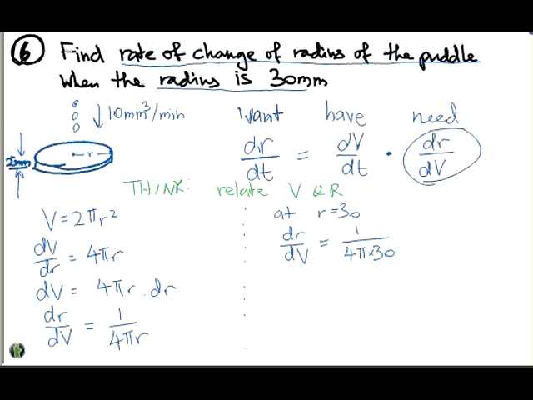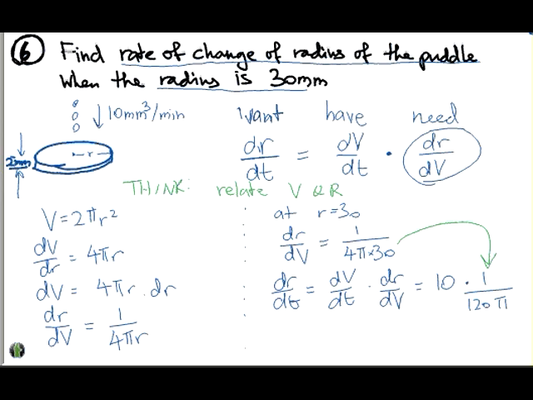Okay, but we're not quite done yet, actually. You want dr dt at r equals 30. So dr dt is just going to equal dV dt times dr dV, meaning what we said before, 10 millimeters cubed per minute coming down, and dr dV we've calculated just above, so you just put that there. 1 on 120 pi.